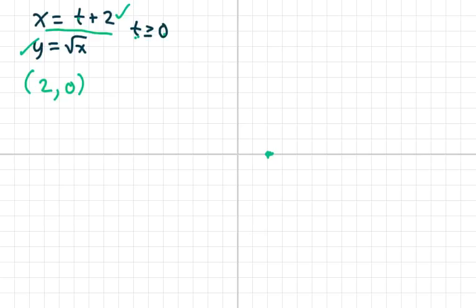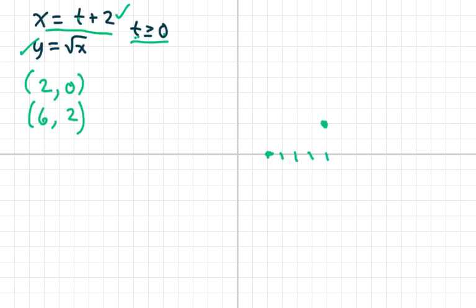And the next one I'm going to choose is 4 because we can go greater than 0. So I plug in 4, I get 6 for x, but for my y I get 2. And you should already know what this looks like. So go to 6, so this would be 3, 4, 5, 6, and 6 gets mapped to 2.